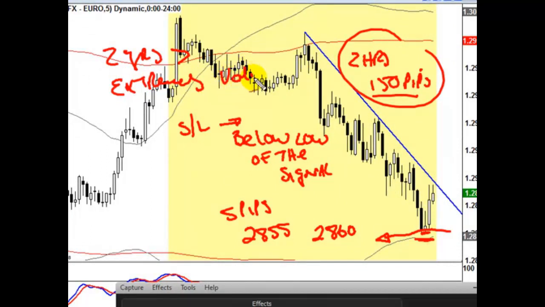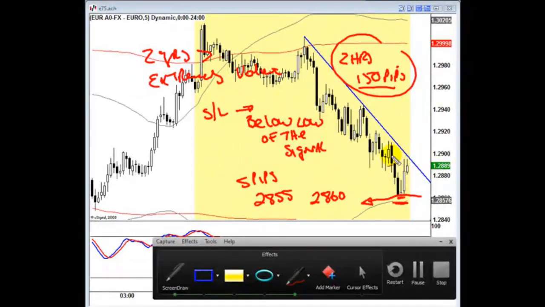Why am I saying this? Because often when we get a strong move like this, often the stop loss is too far away from the entry. So let's say we get a close above here at 29.00, our stop loss needs to be at 28.55. That's a 45 pip stop loss.